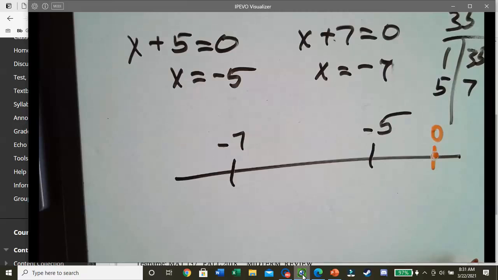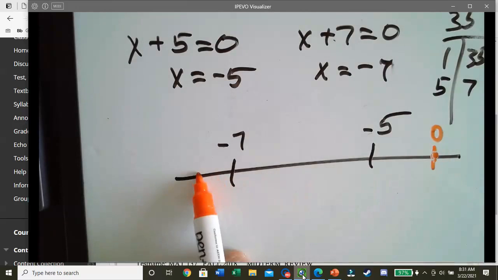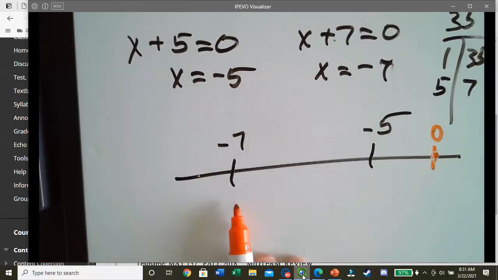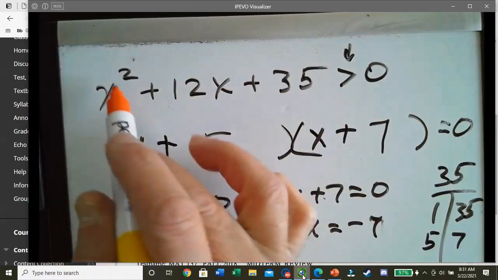They're either going to be in between negative 7 and negative 5, or they're going to be outside of negative 7 and negative 5. So if 0 is outside, and that's a solution, then the other one is also, okay? So they're always going to be either outside or in between these, what we call the boundaries.